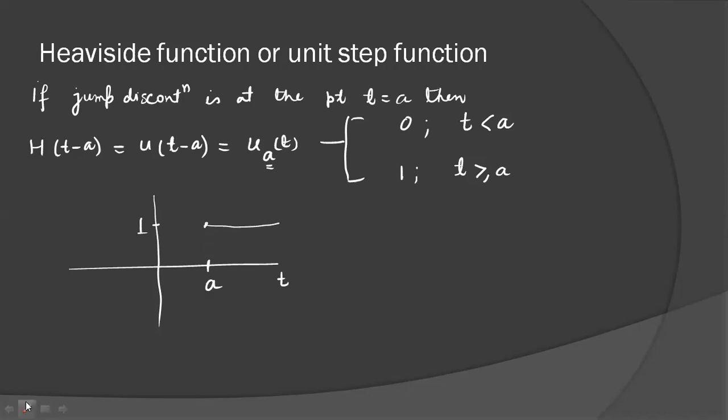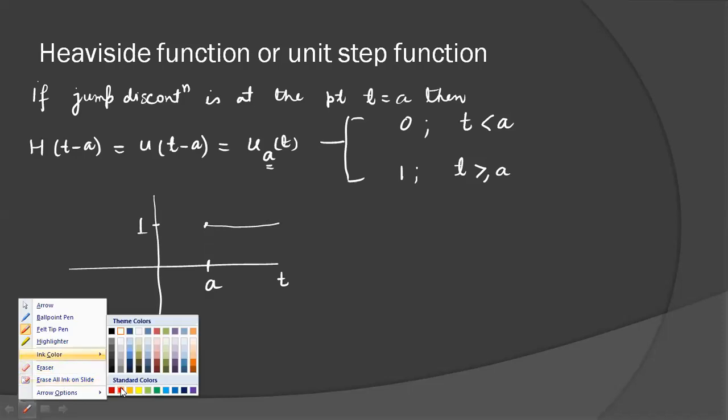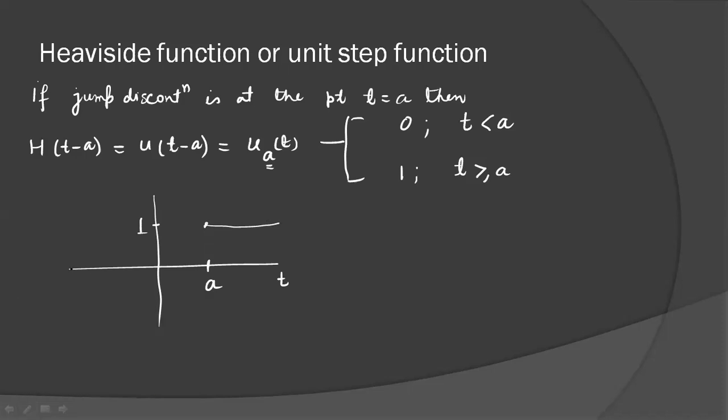At t equal to a, it is jumping to 1, so it has a jump discontinuity at t equal to a. If we put a equal to 0, it becomes the previous case. So this is the definition of the Heaviside function, and f(t) can be h(t minus a) or u(t minus a) or u_a(t). Same representation. Heaviside function is also called unit step function here.